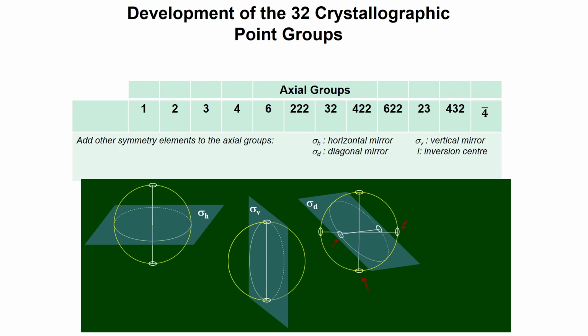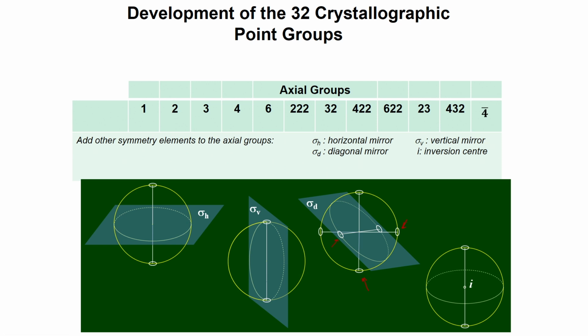So, it is important that the mirrors have to be added carefully, so that we do not disturb the rotational axes that are present in the point group. And then lastly, we add an inversion center, as you can see in this figure. So, there is not much explanation required here.